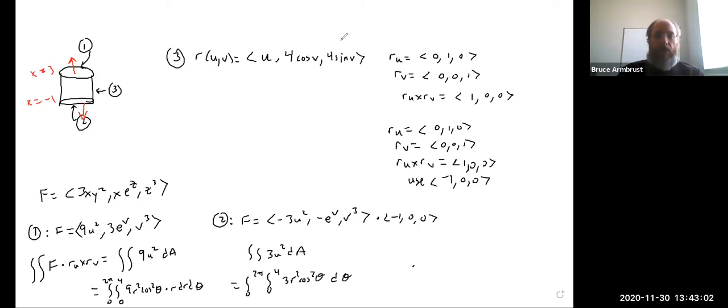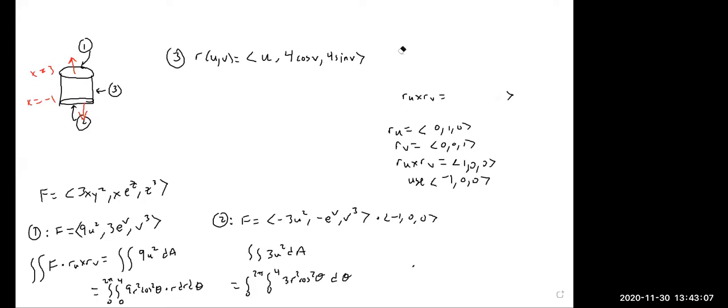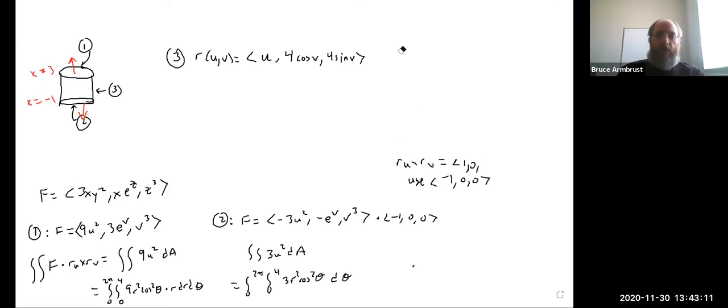So are you guys good with where that 4 came from? Yeah, for the equation in the cylinder. Yeah, the cylinder was a circle of radius 4, so the radius doesn't vary. It's just plain old 4. All right, so there you go, there's the parameterization for that guy.